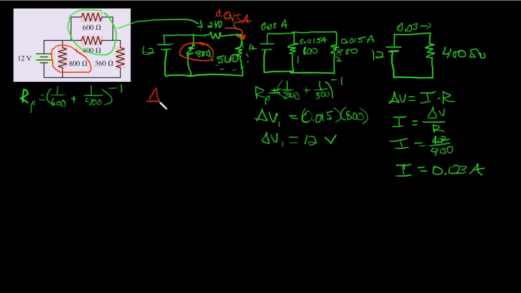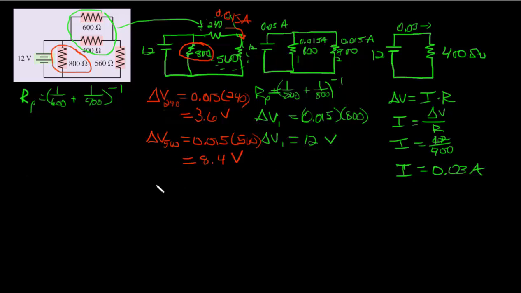So the potential difference of the 240 is going to be the current, 0.015, times the resistance, 240. And that gives you a potential difference of 3.6 volts. And then the potential difference across the 560 would be 0.015 times 560. And you get a potential of 8.4 volts.